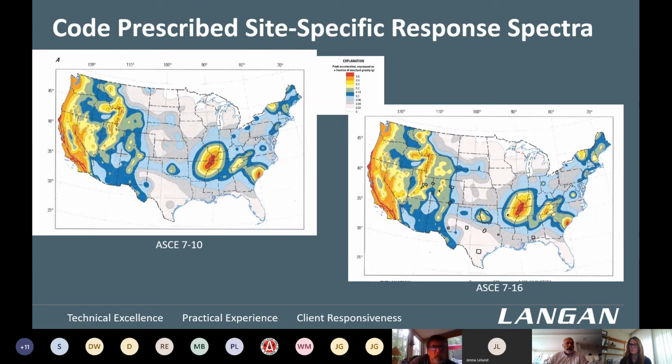Then we have regions in the East: one you see in the Midwest in red, in kind of a circle, is the New Madrid fault zone. And then one in Charleston, South Carolina, that experienced a large magnitude earthquake about 150 years ago. So as you can see, there are some differences, but not a heck of a lot, at least in these basic maps.